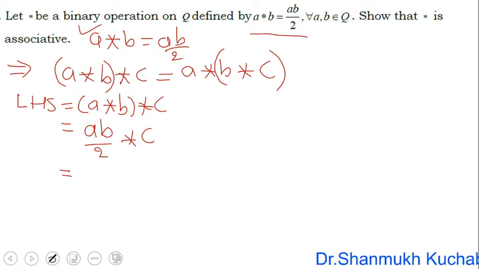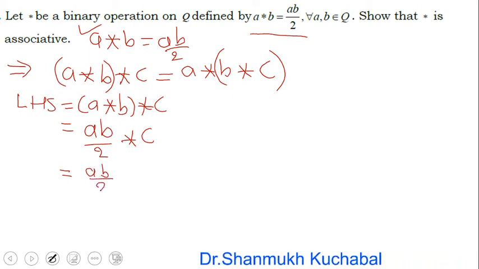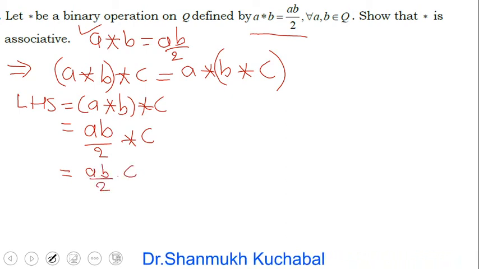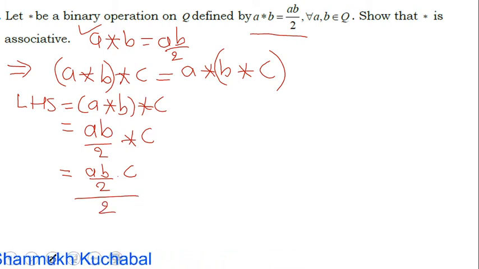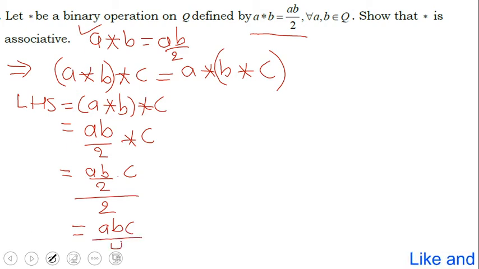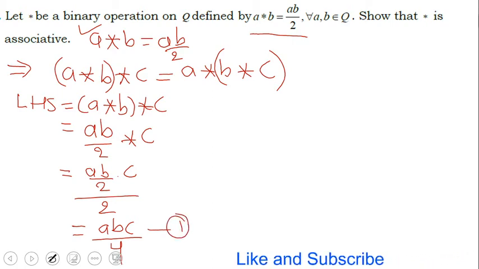That is AB divided by 2 into C, and the whole divided by 2. Then we simplify: ABC divided by 2 into 2, we get 4. So this is the LHS part, we call it equation 1.